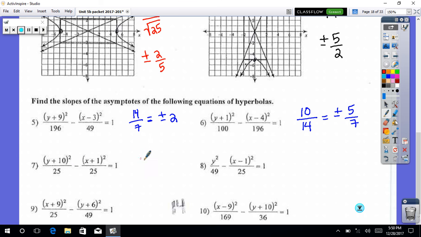Number 7, square root of 25 is 5, another square root of 25, plus or minus 1. Seven over 5, that is already simplified, so give it a plus minus.